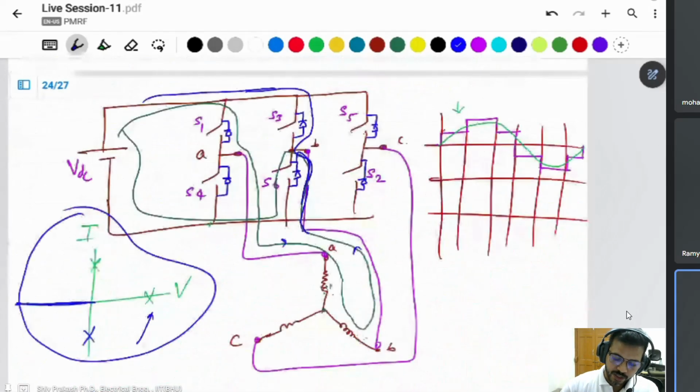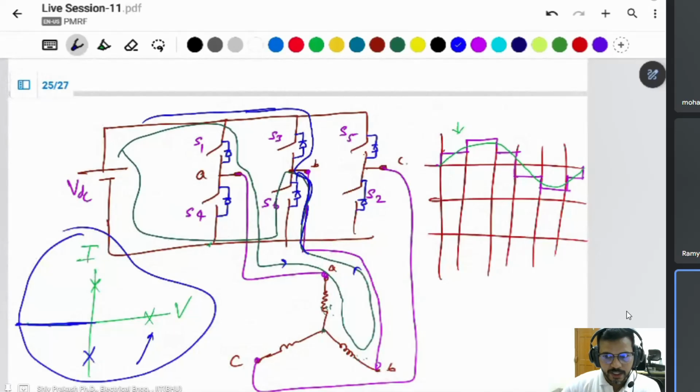That's why, if you look at a practical circuit, there is a diode present. The MOSFET is okay, a MOSFET has a body diode, but an IGBT has no body diode. Then the manufacturer also provides another diode with the IGBT in some cases.